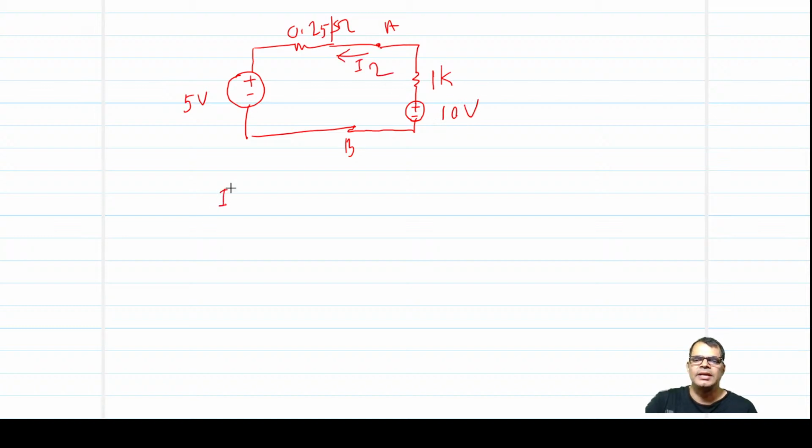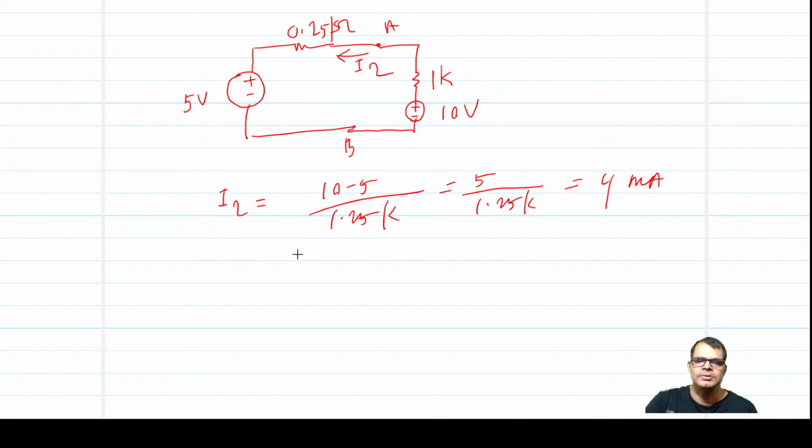So you can easily see that I2 will be 10 minus 5 upon 1.25, so 5 upon 1.25, that is 4 milliampere. The answer is 4.